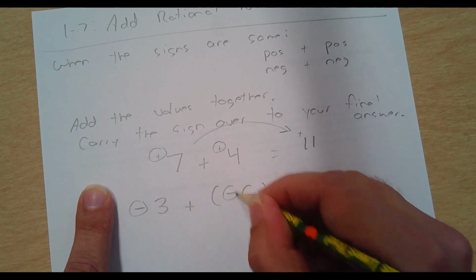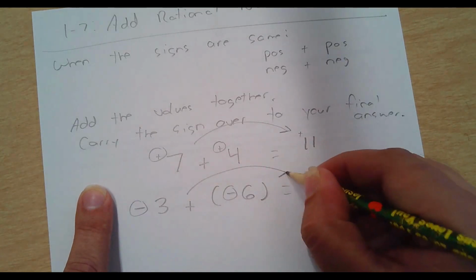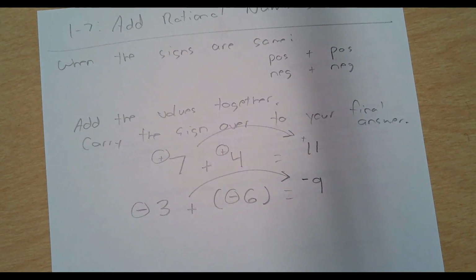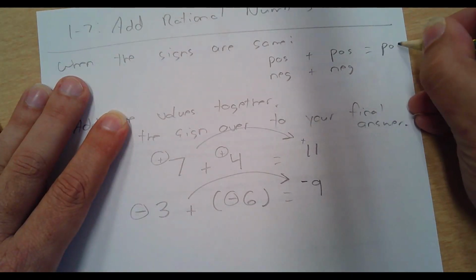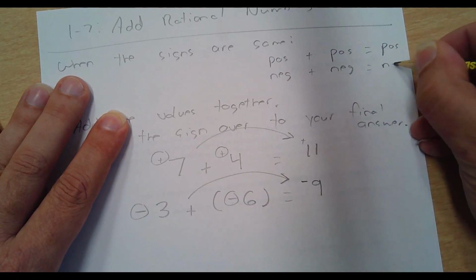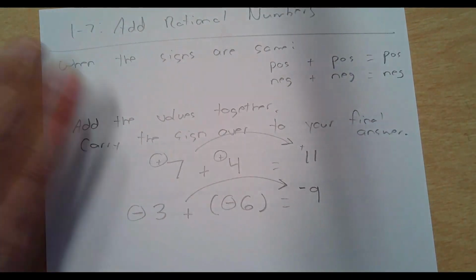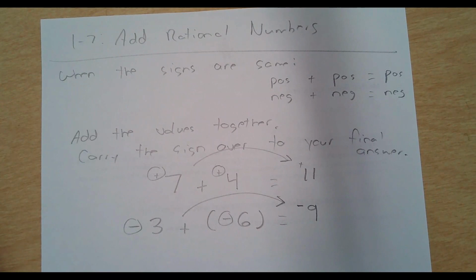Because we're adding two things with the same sign, so we carry the sign over. So when the signs are the same, positive or negative, add the values together and carry the sign over. A positive plus a positive will always equal a positive, and a negative plus a negative will always equal a negative answer. Always, 100% of the time.